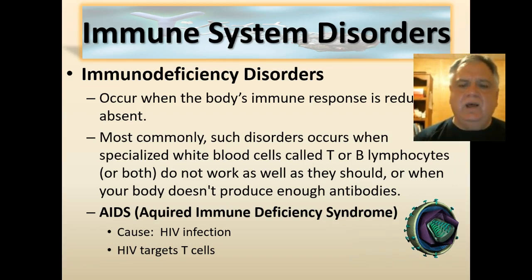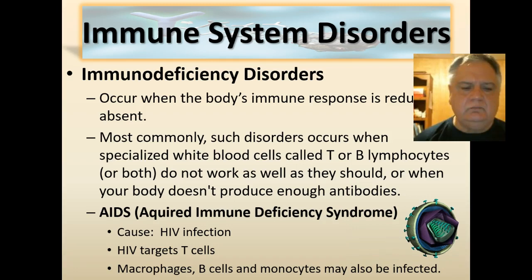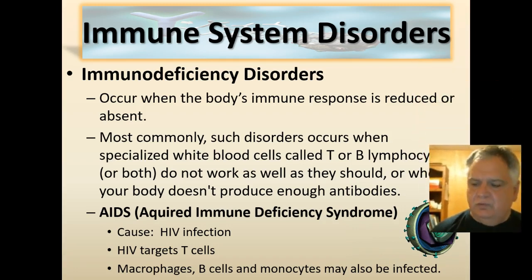So we're going to have a kind of a dampened response, and that means it's going to be much more difficult to clear the pathogen from the system. And as I said, macrophages, B cells, and monocytes may also be infected, further dampening the immune response.